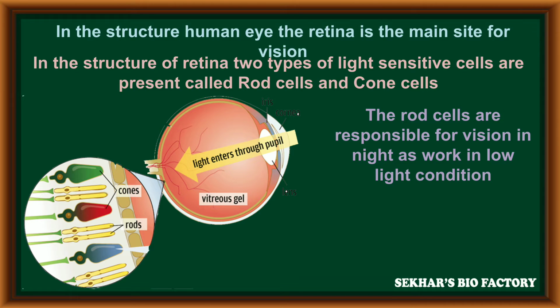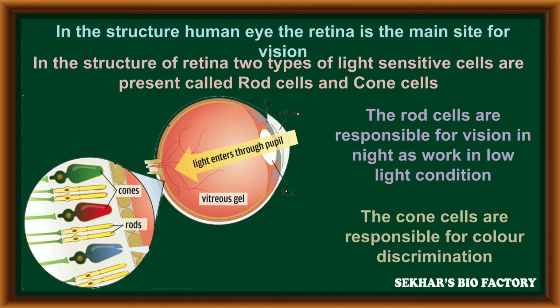The rod cells are responsible for vision in night as well as at low light condition. In a similar way, the cone cells are responsible for color discrimination.